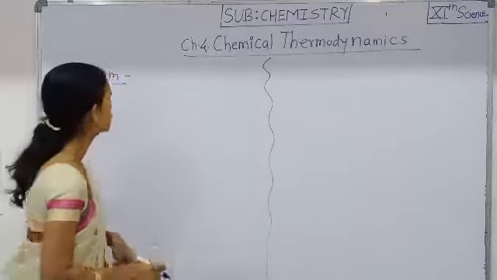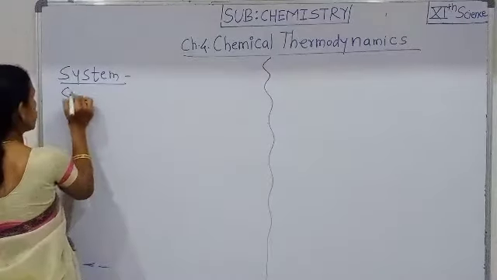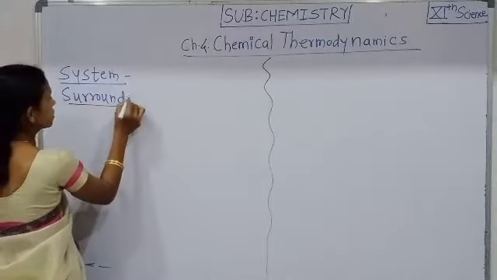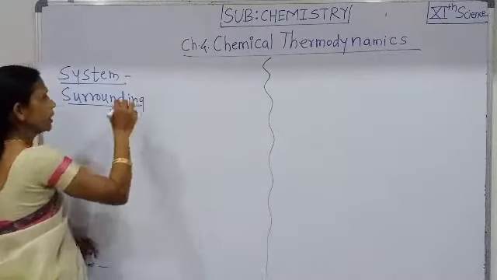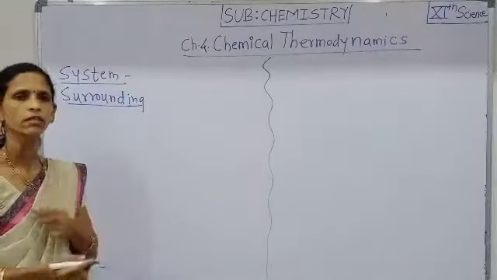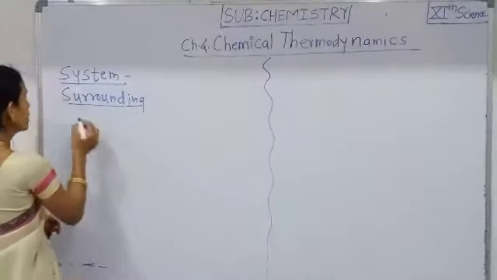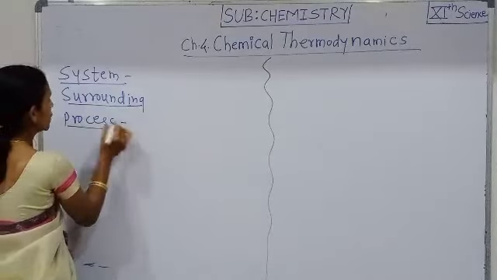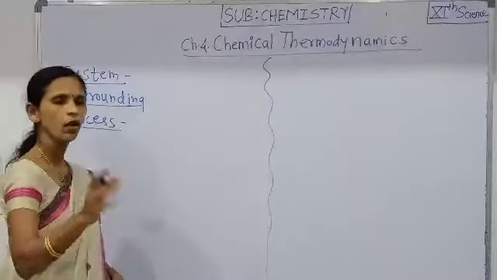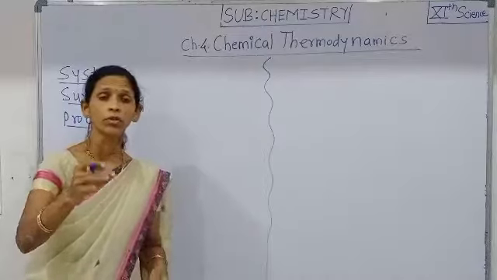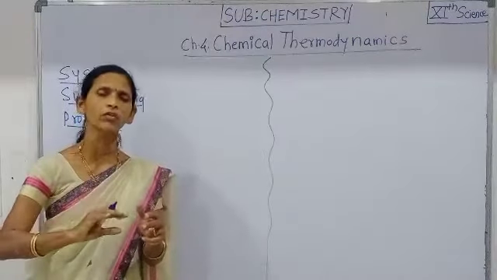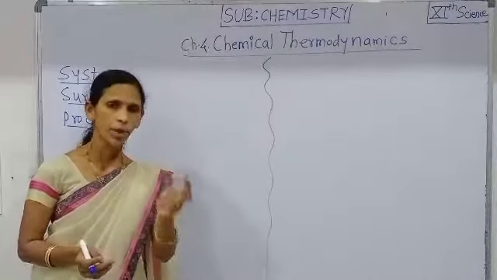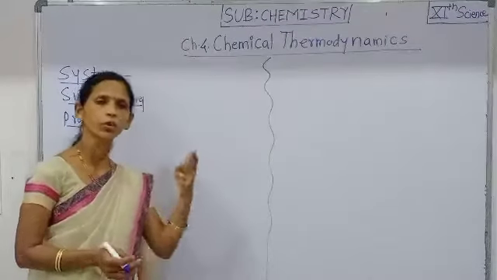Then surrounding: the part of the universe except the system is called the surrounding. All of you studied about the process. Process is nothing but the path of the system through which it can convert from one state to another state. That path is called a process.